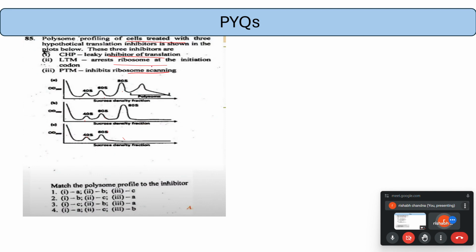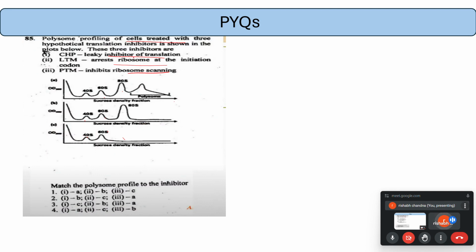Now, CHP is a leaky inhibitor of translation. So what will happen if CHP is applied here?